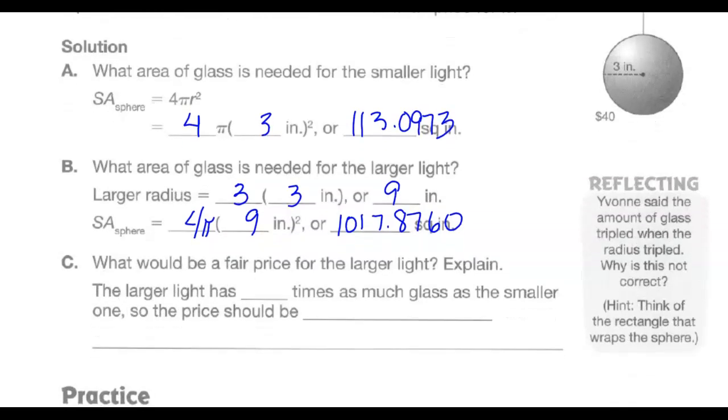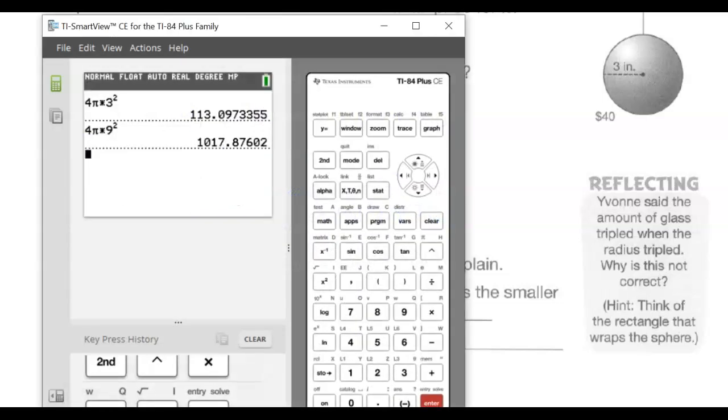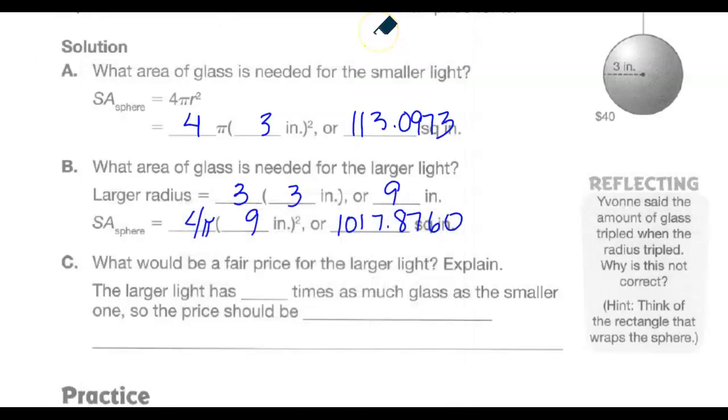Okay, and then what would be a fair price for the larger light? Explain. So how many times as much surface area or glass is it? If I take that last value and divide by my original surface area, that will tell me how many times as much surface area there is. 9 times, which makes sense because surface area is a two-dimensional thing.